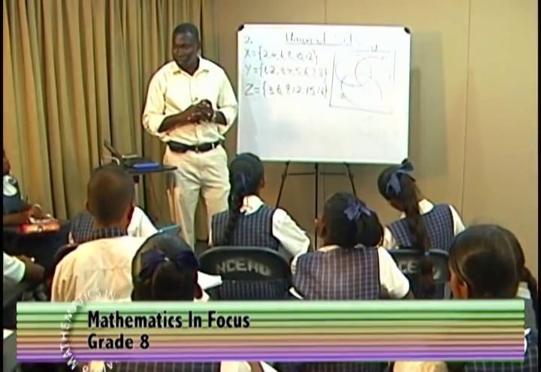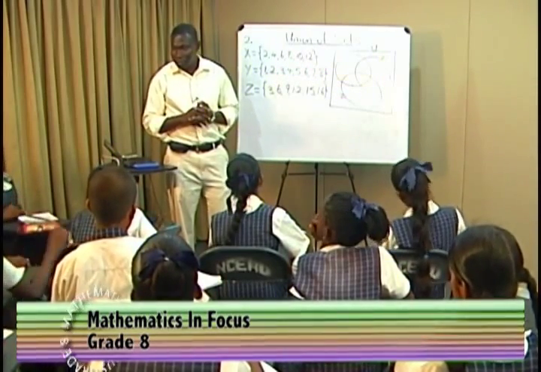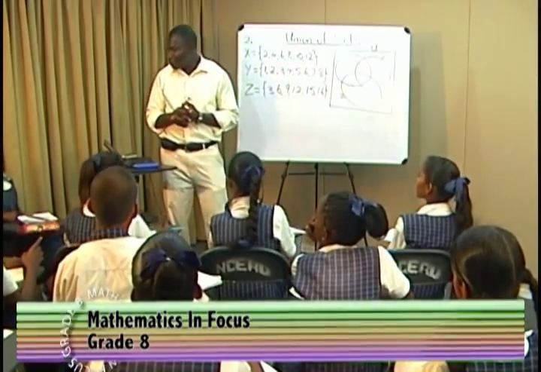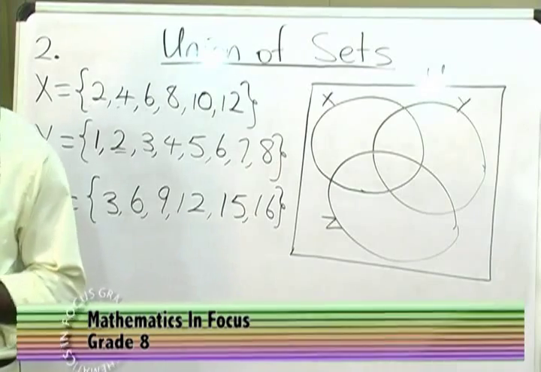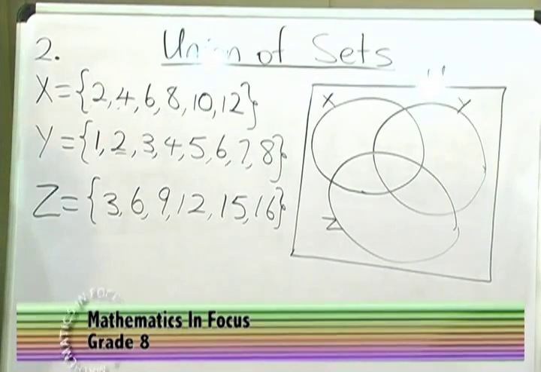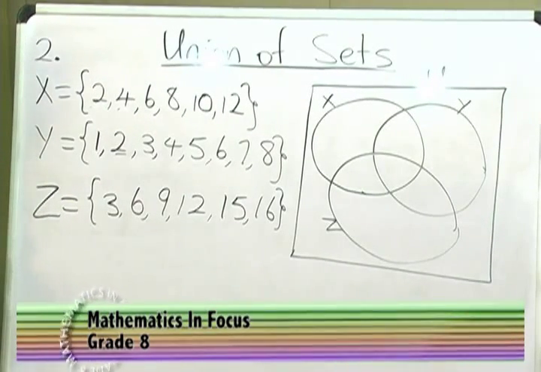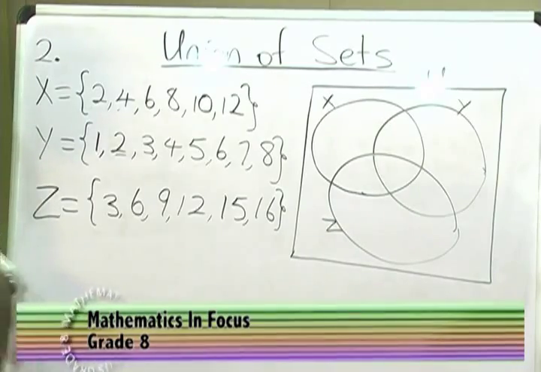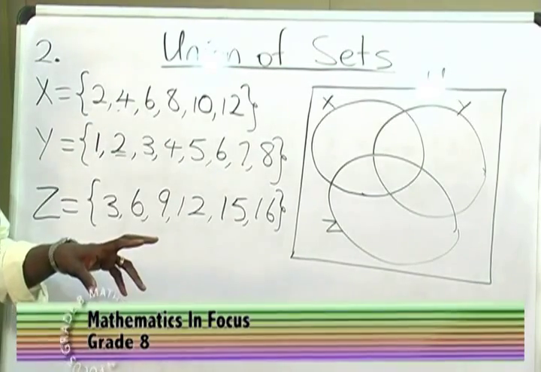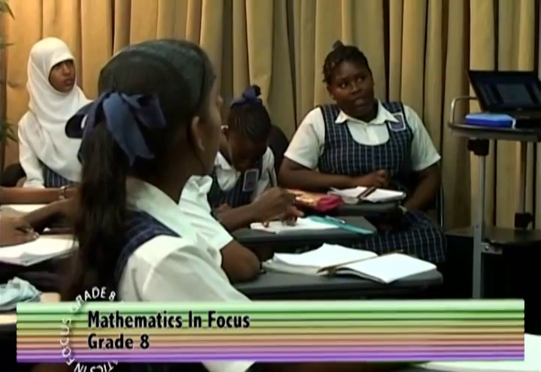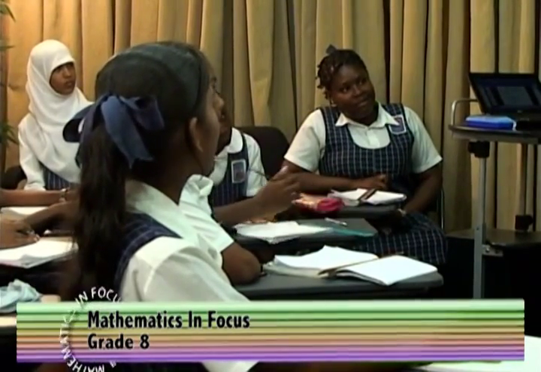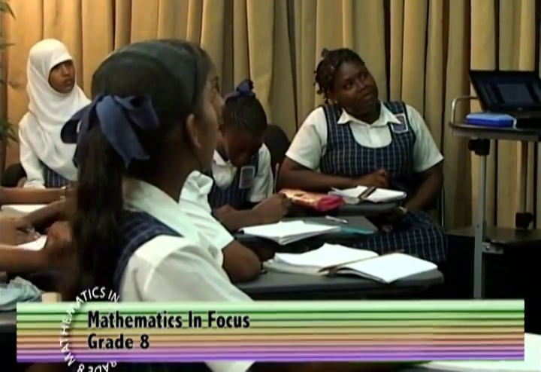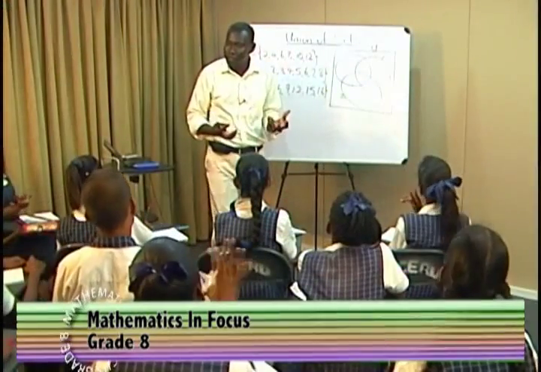Should I shade X? Not everything in X. Should I shade Y? Are you sure? Remember, we're looking for the union. What does union mean again, class?